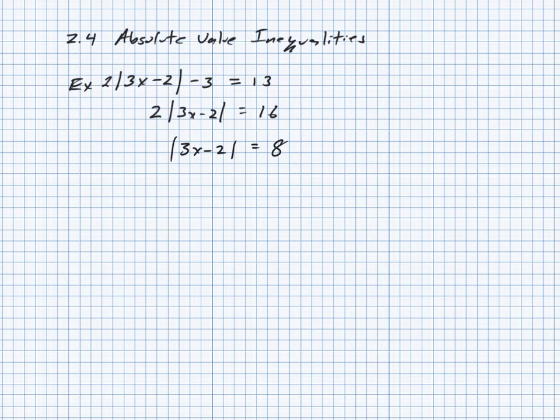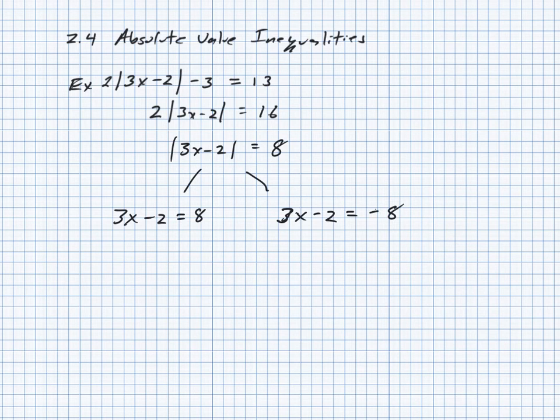From here, what we do is we remove the absolute value sign, and we get 3x minus 2 is equal to 8. That's the easy one to write. The second one, we need to make sure that we put a negative in front of the 8. We have 3x minus 2 equals, no, sorry, negative 8. So you're going to solve these two, and you're going to graph them.